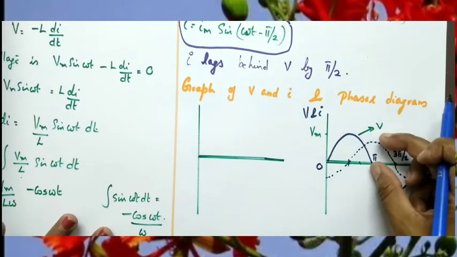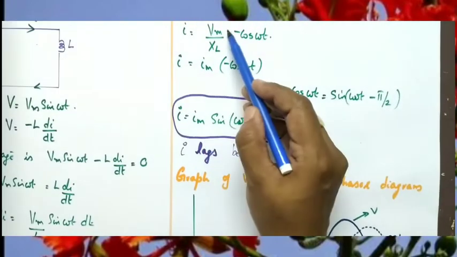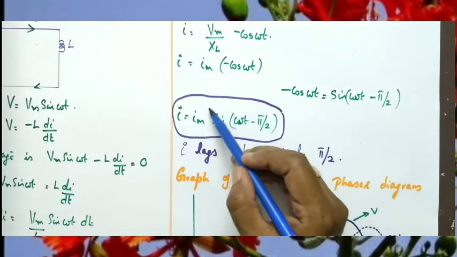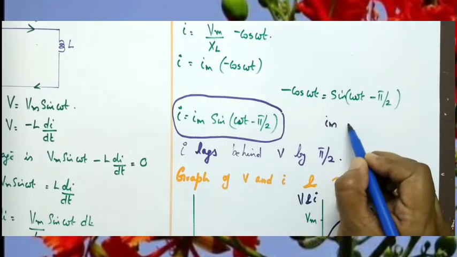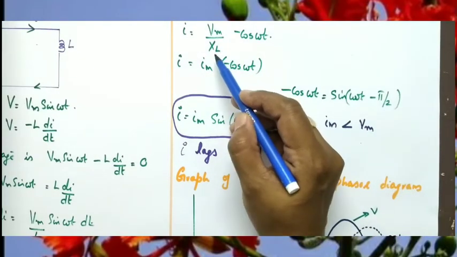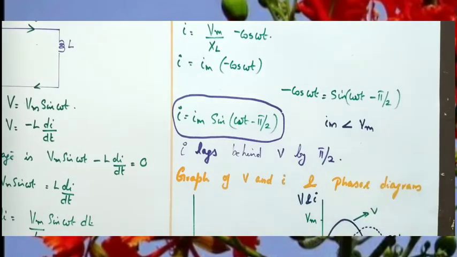So, this is the graph. Okay, why is its magnitude less? We know that the magnitude of current Im equal to Vm by XL. Voltage by resistance, and hence the value of Im is always less than the value of Vm. So, the magnitude of Im is always less than the magnitude of Vm.